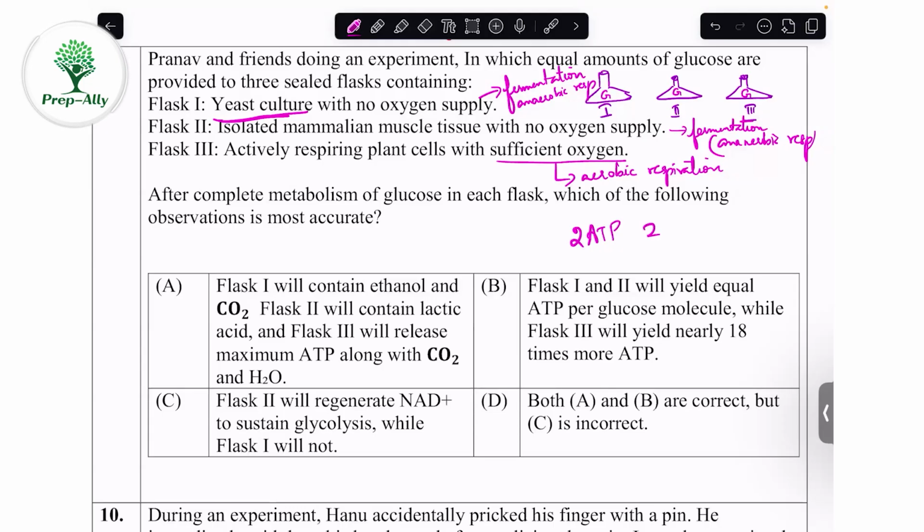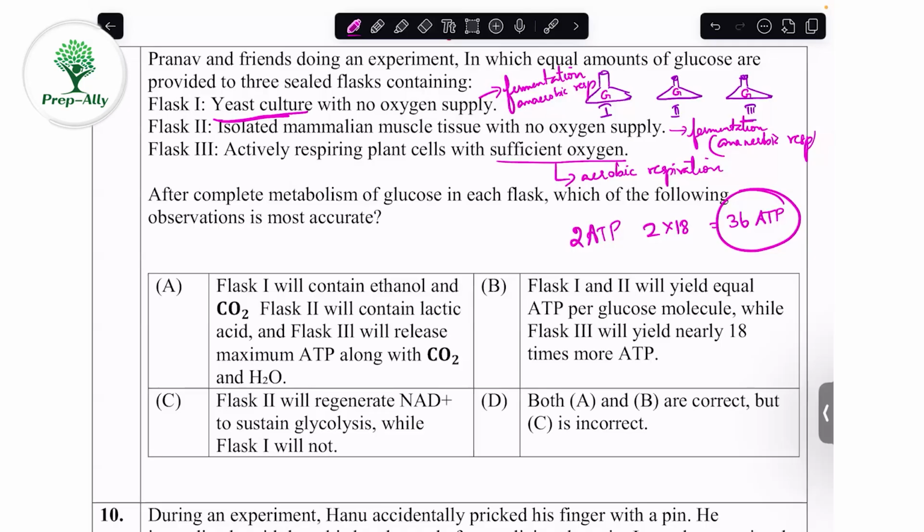So in flask 3, around 36 ATPs are formed. Yes, it's correct, because in class 3 aerobic respiration takes place, which yields approximately 36 ATP. Got it? So both options A and B are correct.